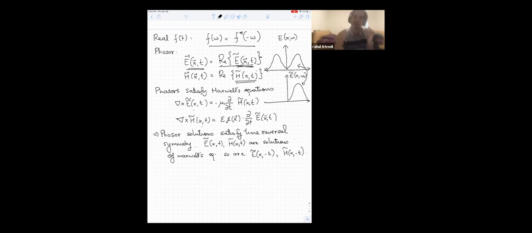But if I write down a system of equations that is only valid for positive frequencies, I have to make sure that my time reversal is also always bringing me back to the positive frequencies. So how can I do this? Does anyone have a guess? So the time reversal operation is t going to minus t. That takes me from positive frequencies to negative frequency. So I want some semblance of time reversal. So I still want to do t to minus t, but I want to go back to the positive frequencies instead of landing at the negative frequencies.